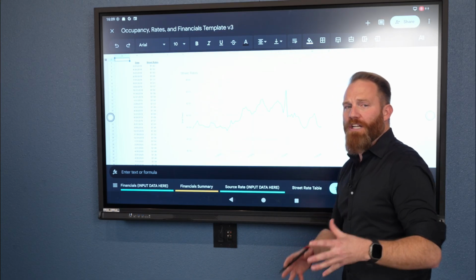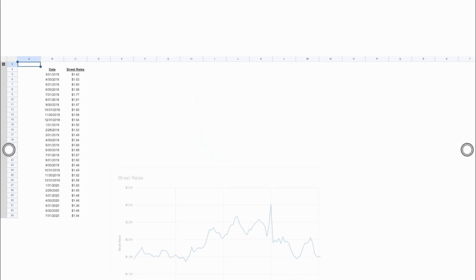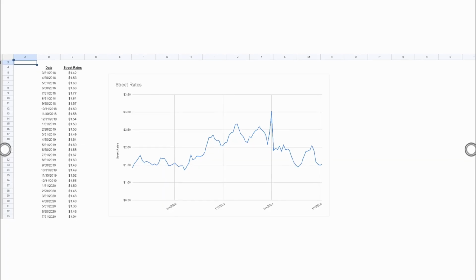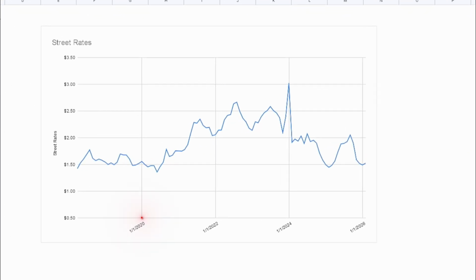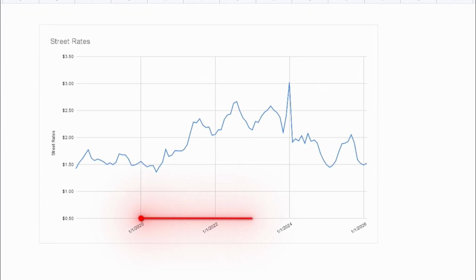So how much did those rates change? We can actually plot it out and we can see on a per square foot basis from 2020 to 2026 how these competitors in this market performed, what their average per square foot rental rate was during this time and how it changed.